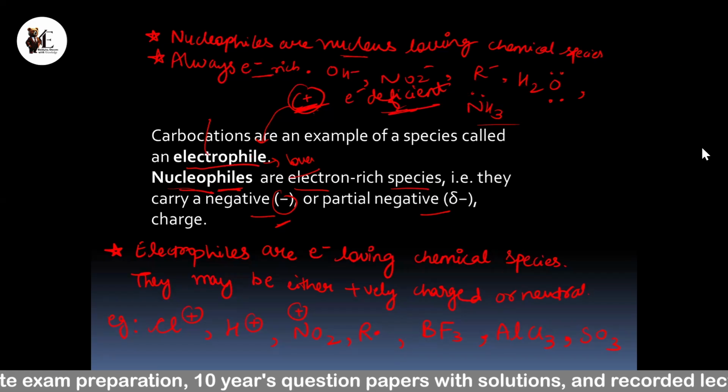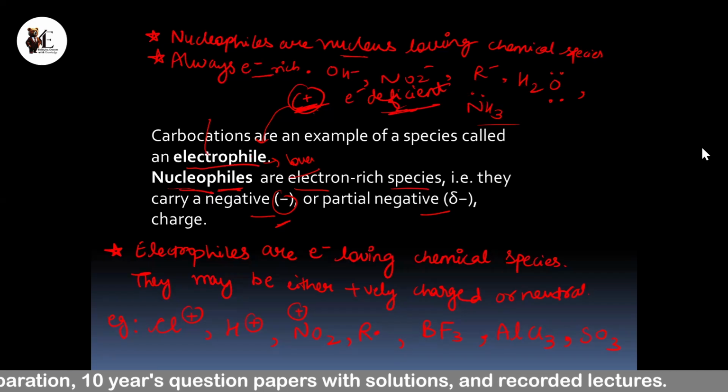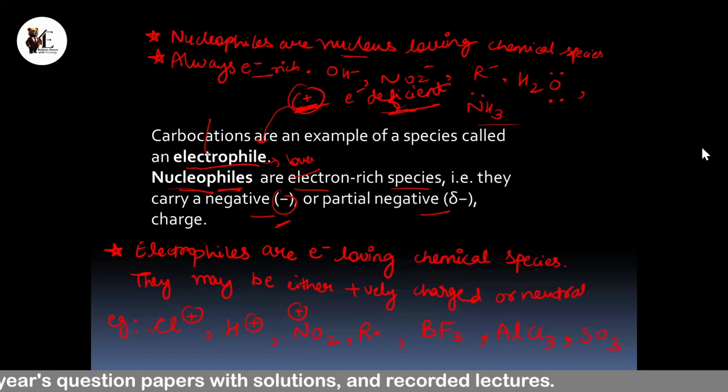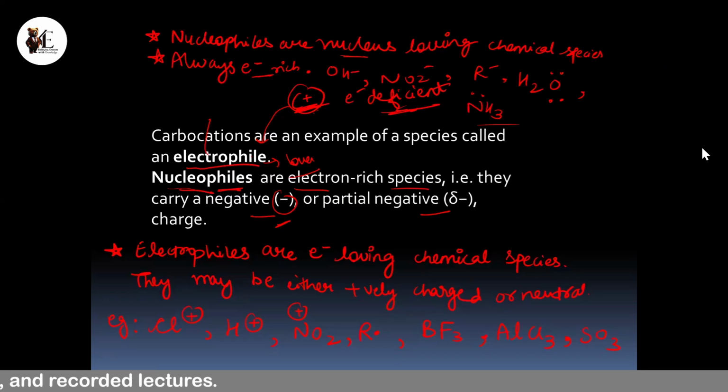So you can easily identify if there is a negative charge or lone pair, then it is the category of nucleophile. And if there is a positively charged, then it is electrophile. And you have to remember some examples which we already have covered, BF3, AlCl3, SO3, they are already electron deficient.